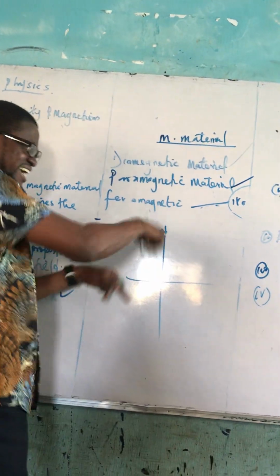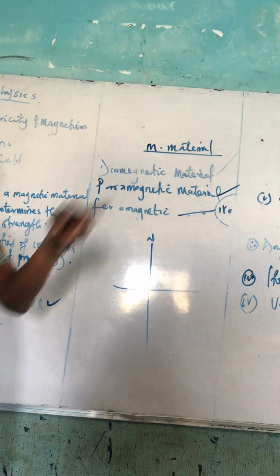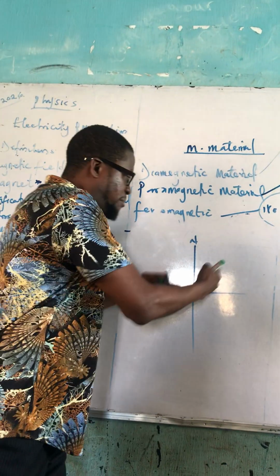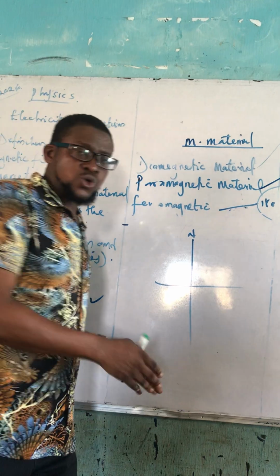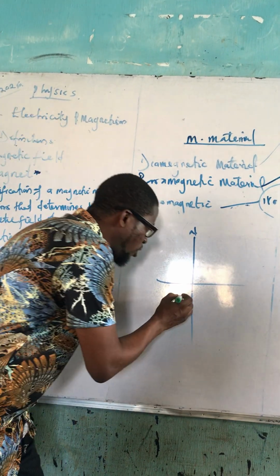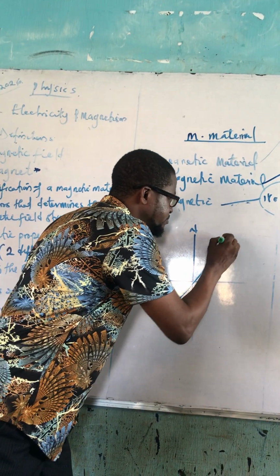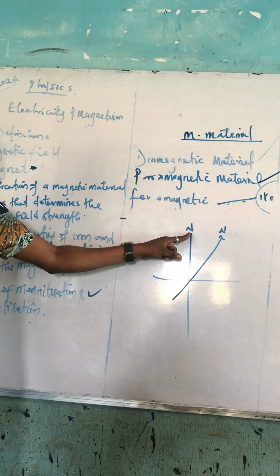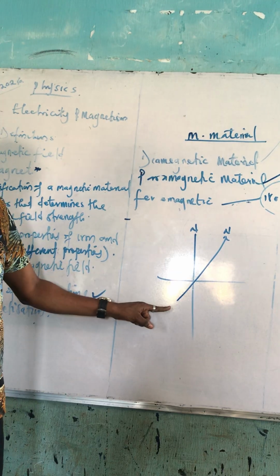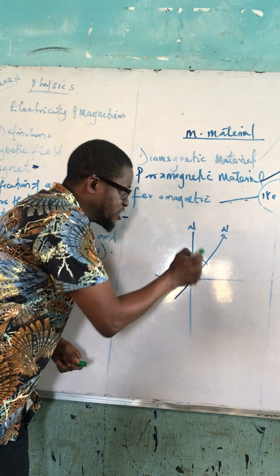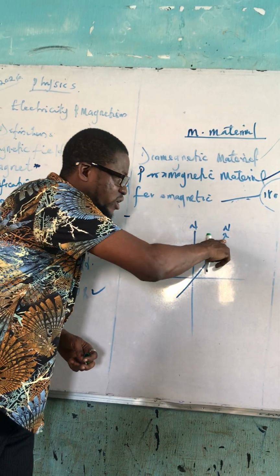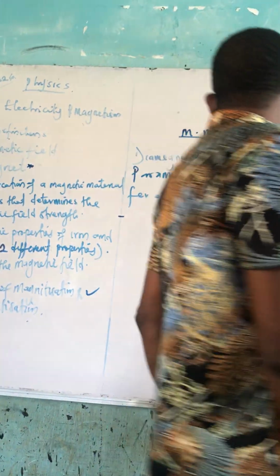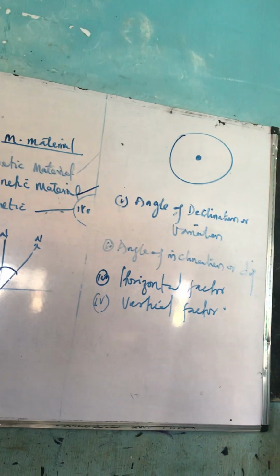This is geographical north according to geography. Now, when you place a compass needle around here in order to settle in the north, the compass needle may settle like this, showing that this is north. So here is the geographical north, and here is the magnetic north. The angle between this geographical north and this magnetic north is called the angle of declination or variation.